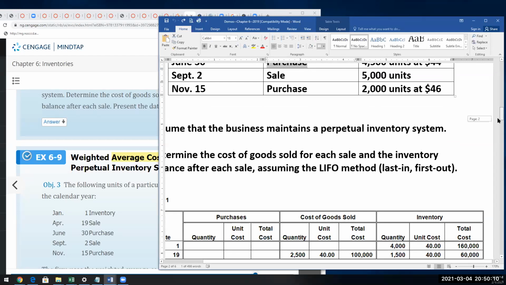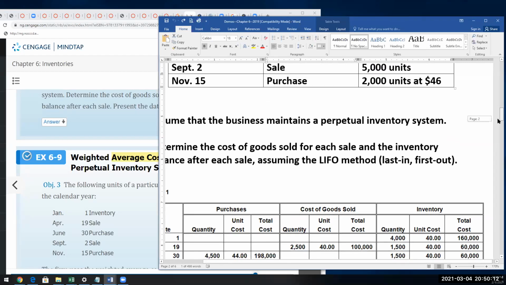So what we're going to see right now, we're going to purchase that on the left-hand side. We bought 4,500 items at $44 each for $198,000. If you don't believe me, take 4,500 times $44, get 198 grand. And so our inventory is comprised of two piles.